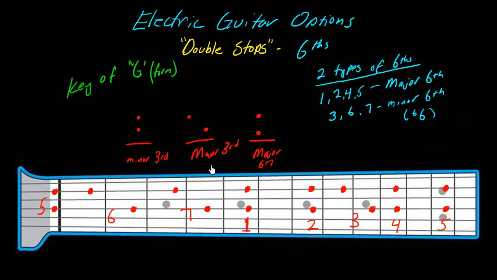And then this pattern, which was the major third, now becomes chords 3, 6, and 7. That becomes the minor sixth or the flatted sixth. So it just flip-flops, completely opposite from the thirds.